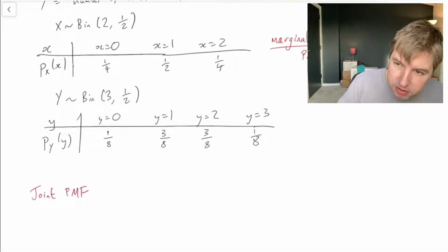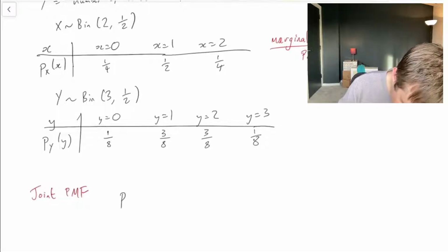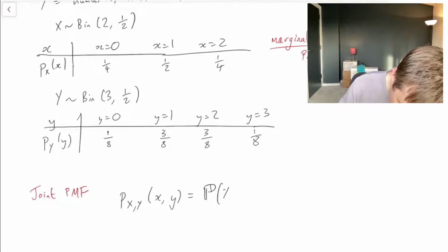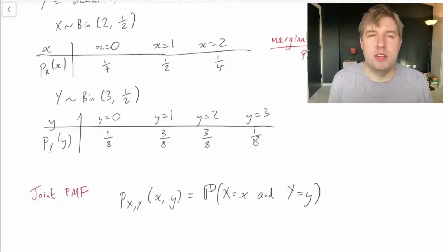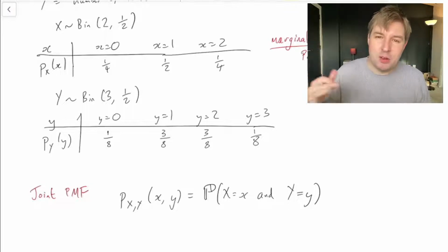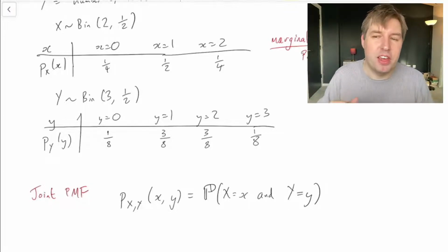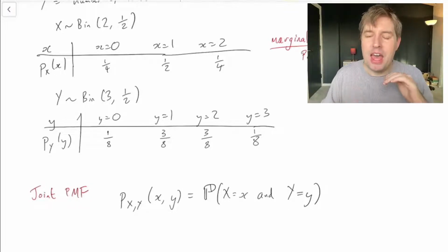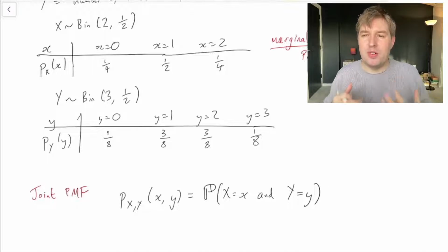And the joint probability mass function tells us what's the probability that X is one thing and Y is another. So the joint probability mass function takes that notation. And that's telling us about what's the probability that big X equals little x and big Y equals little y at the same time. So this is telling us about how the 2 things interact together.